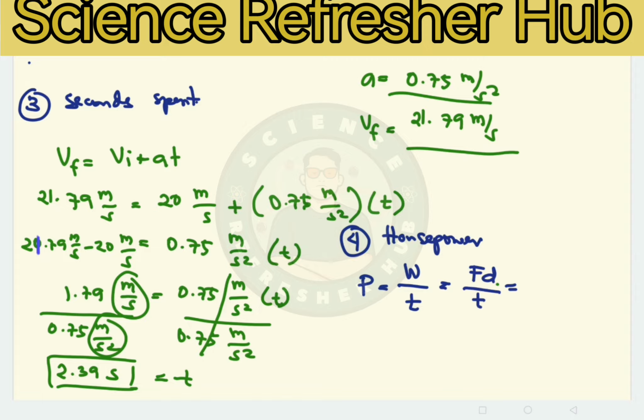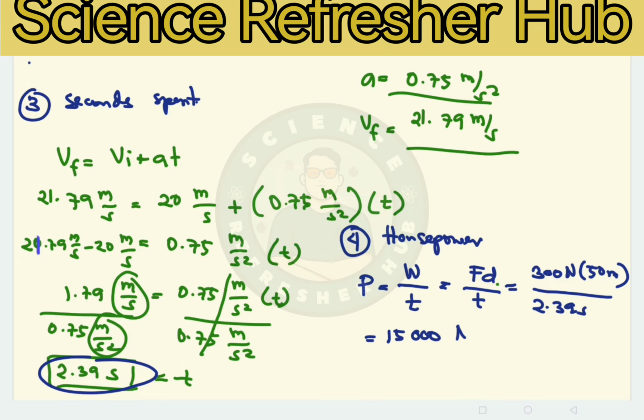The force, if I'm not mistaken, is 300 Newtons, and then 50 meters displacement, over the time we just calculated, 2.39 seconds. 300 times 50 is 15,000 Newton meters over 2.39 seconds.